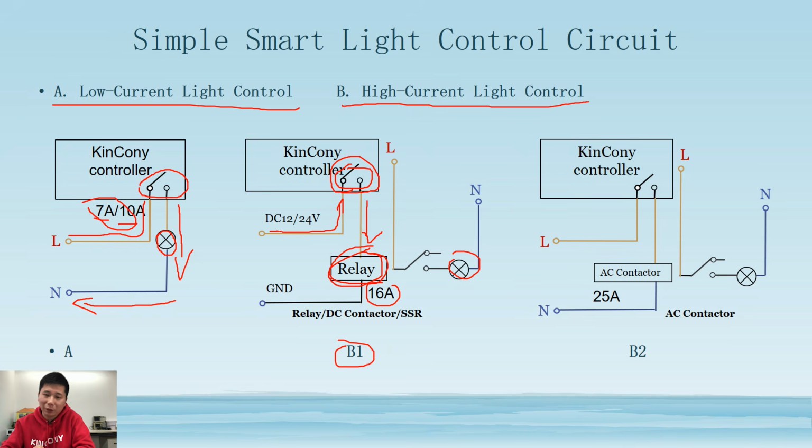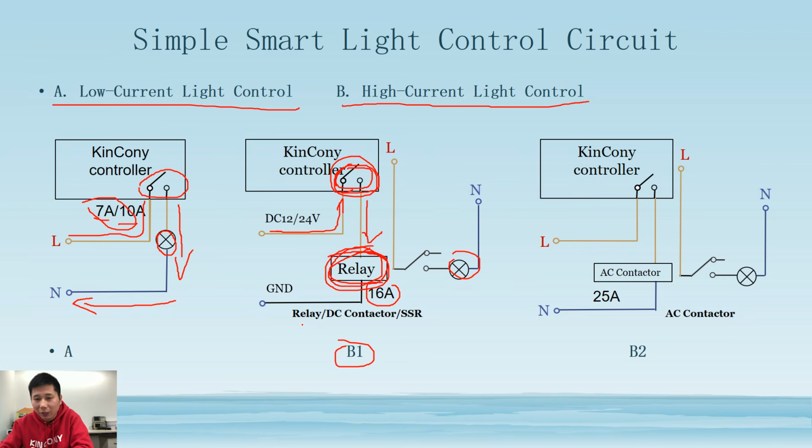So you can just add an external power supply of 12 volt or 24 volt, and the current is maybe some hundreds of milliampere, so it's very small. This protects the controller's relay and extends its life, because otherwise this relay would be controlling the lamp directly. If the external relay is broken or bad, you just replace it, and the circuit gets a new life.